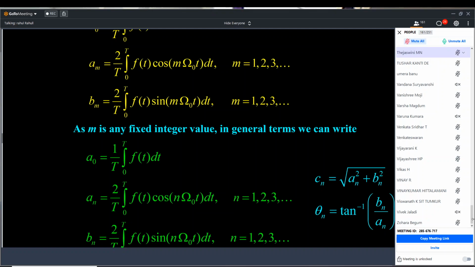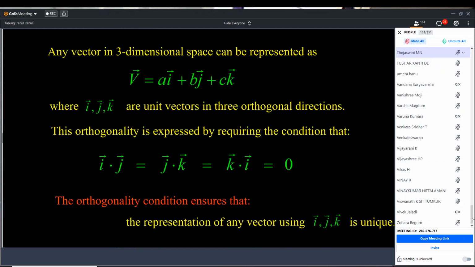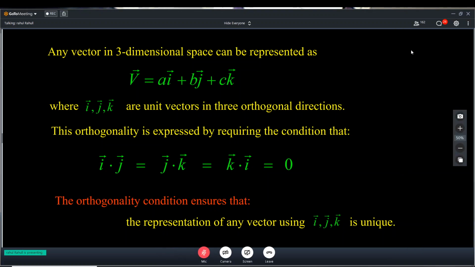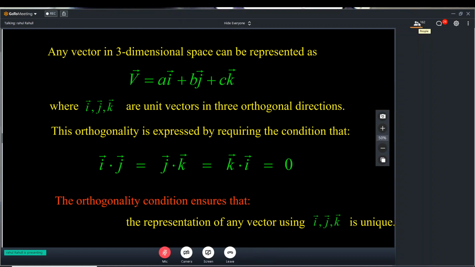Why? For this, we have to go to a concept of linear algebra, that is vector spaces and function spaces. It is simple that a vector in three-dimensional space can be represented as V equals A i plus B j plus C k, where i, j and k are the basis. These are in three orthogonal directions.